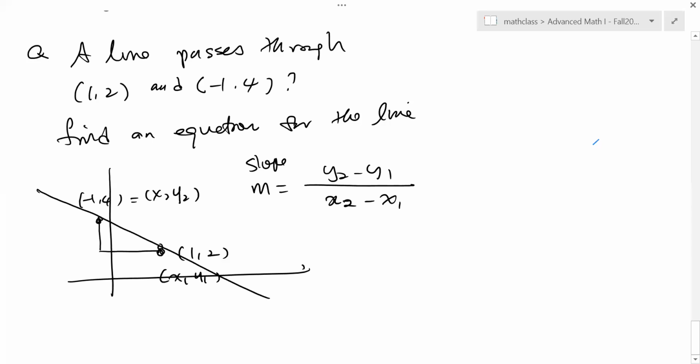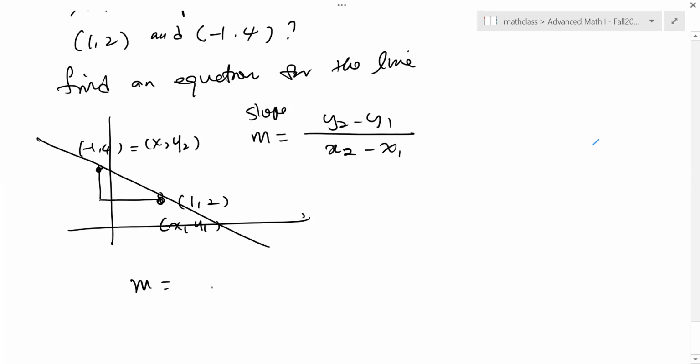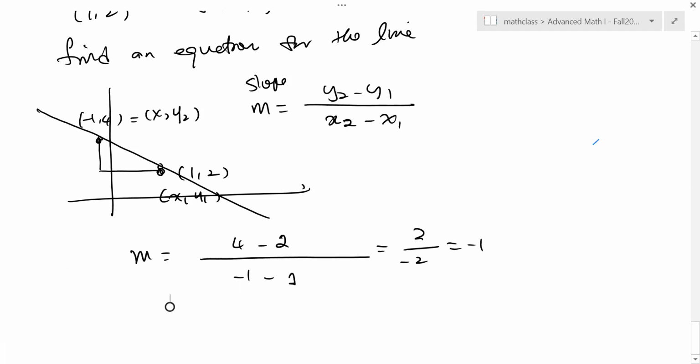Okay, let's write down the slope first. The difference y2 minus y1, 4 minus 2, over x2 minus x1, so it would be 2 over -2, which is -1. Okay, that is the slope. It doesn't matter which pair of points you choose.